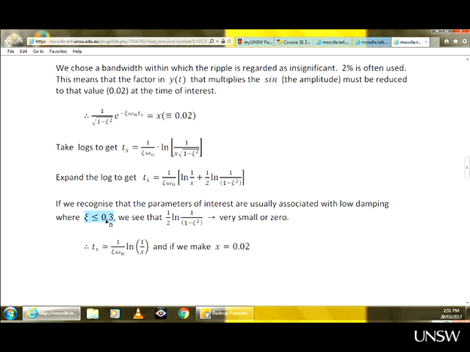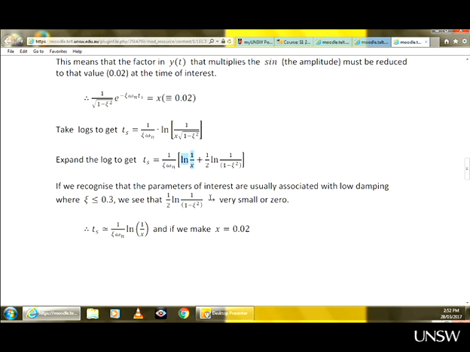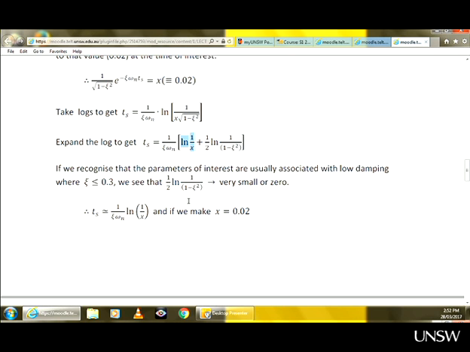If you assume that, then this term becomes very close to 0, so we can ignore it. Sorry, no, the other way around. This term will be very small, close to 0. Why is that?